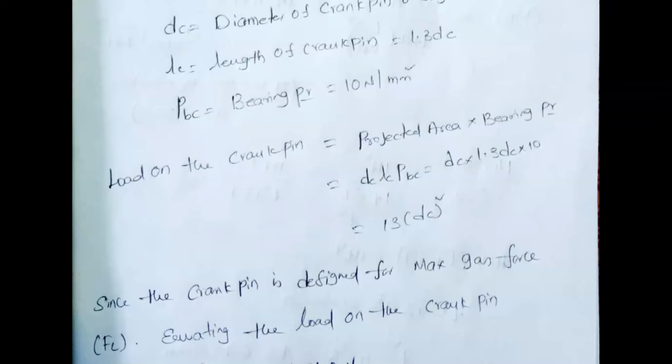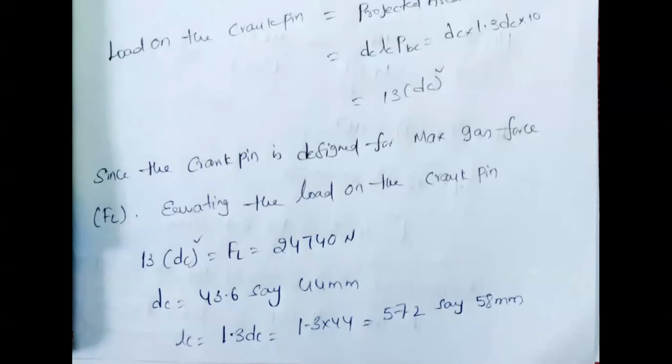Right? Now you have to calculate the load. You already have the gas pressure loading condition, which we calculated in the initial step. Equating those, 24740 equals 13 DC square.